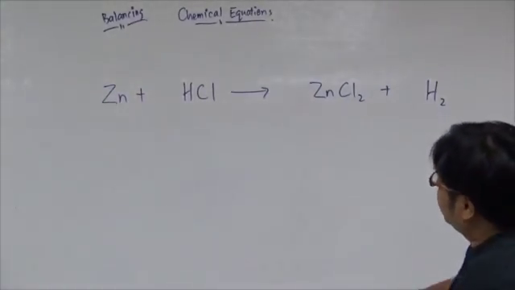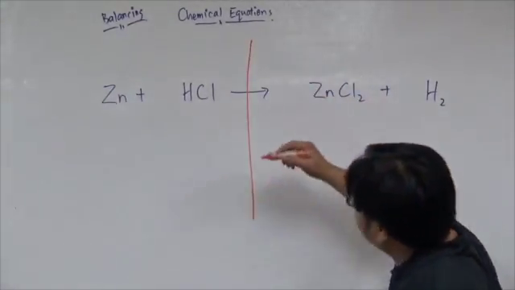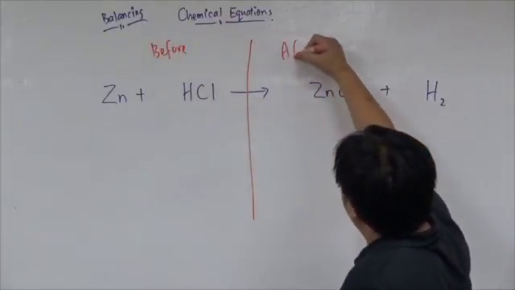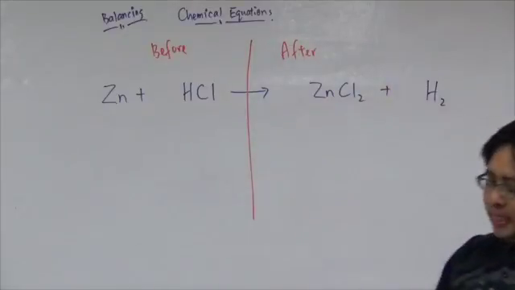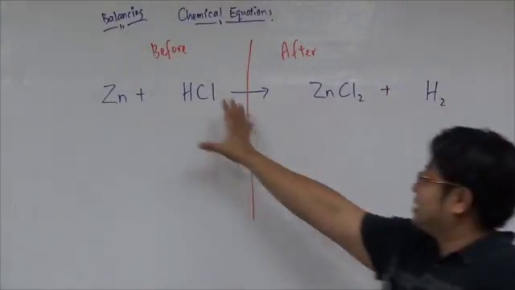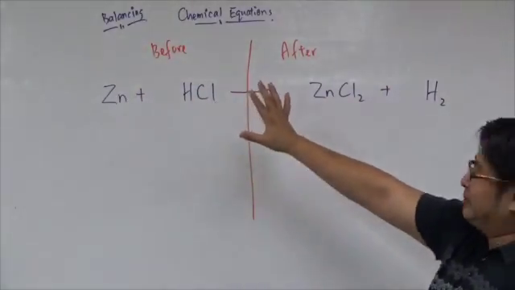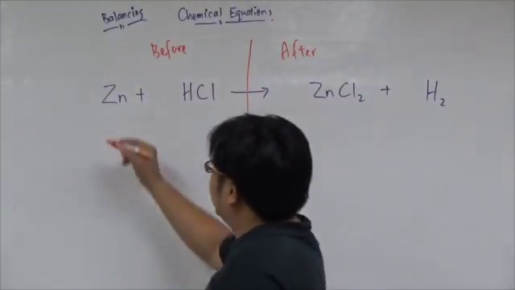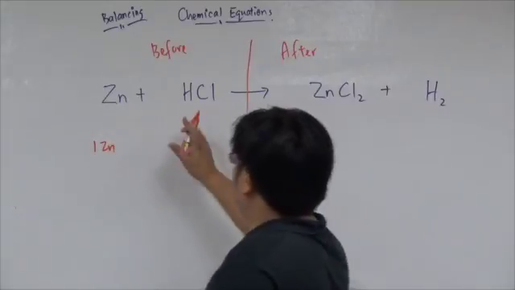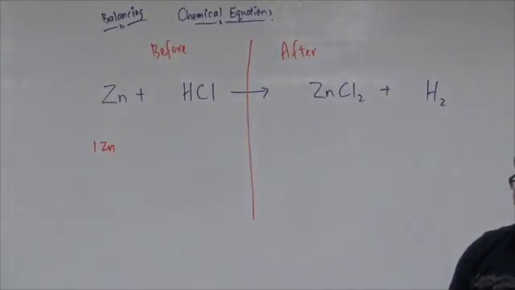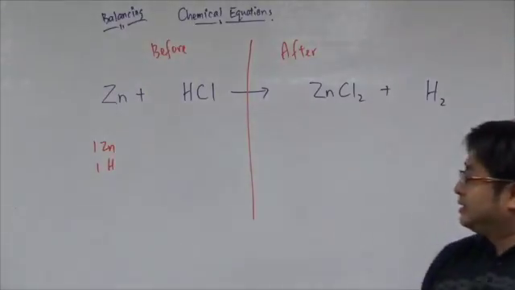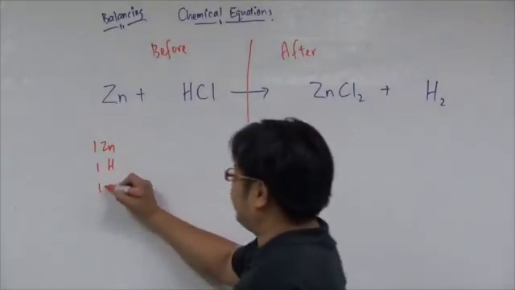This is before, and this is after. How many zinc are here, just by looking at it? You don't need to look at the periodic table. One, correct. So there's one Zn. How many H are there? One. And how many Cl are there? One. Okay, very good.